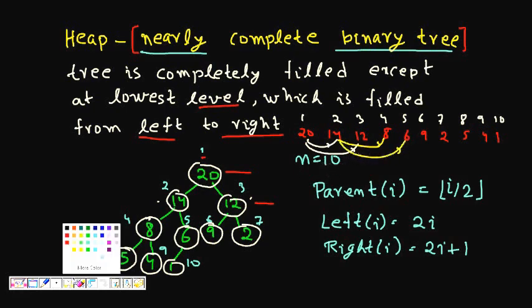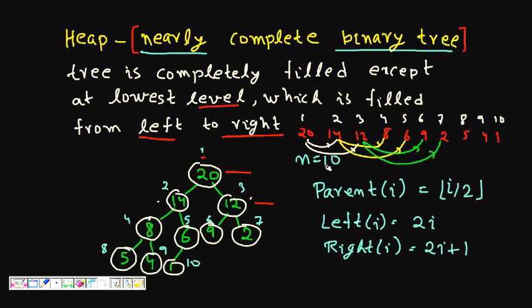Next, let's see for node 3, which is 12. For 12, we have node 9 as the left child and 2 as the right child. So what we see is a beautiful property: if the node is i, then its left child is 2i and its right child is 2i plus 1.